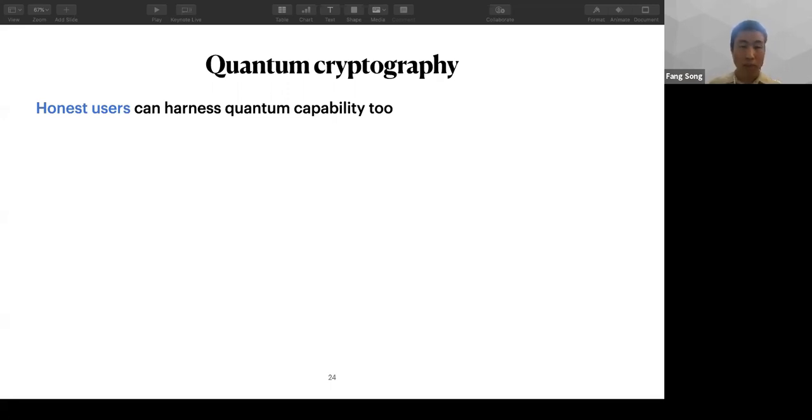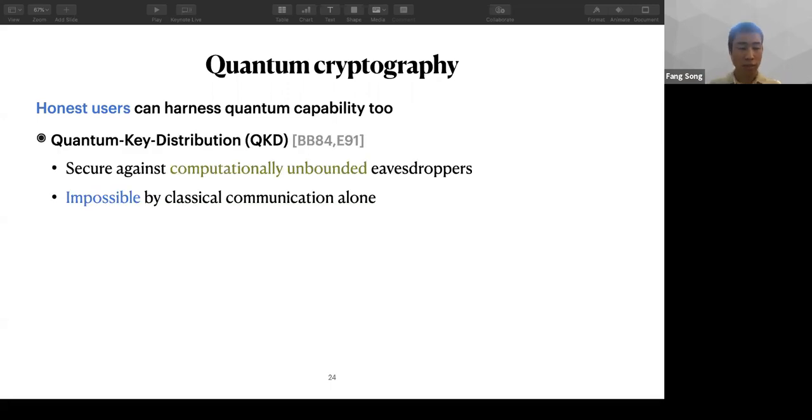In particular, they can design crypto schemes where they exchange and process quantum information. A notable example is quantum key distribution, where 2 users agree on a secret key by exchanging quantum data, quantum information. This communication is public, and in the end, they can agree on a secret key.